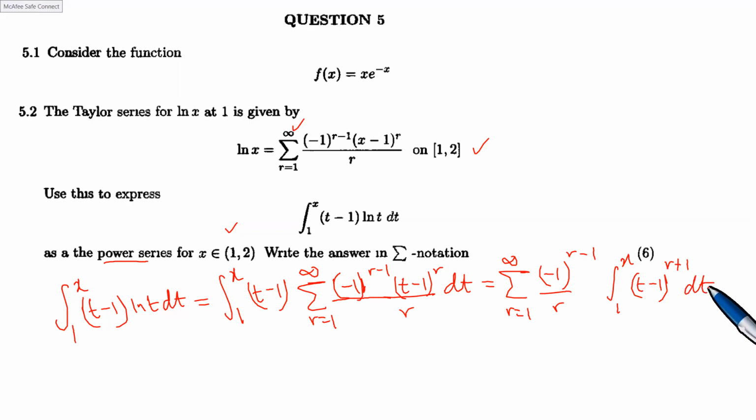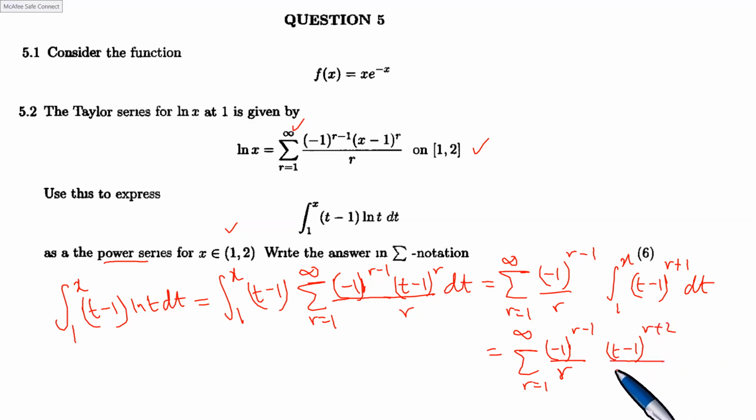Okay, this is everything here. Let me see. I think that everything is there. We just need to integrate this one. Right, to integrate this one here is the summation r equals 1, minus 1 to the power r minus 1, r, (t minus 1) to the power r plus 2 divided by r plus 2, like this.